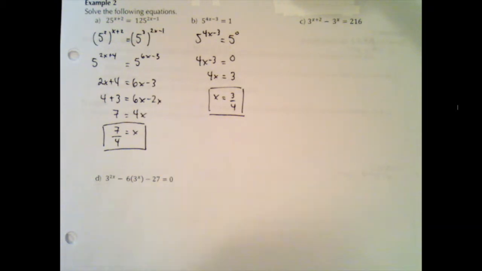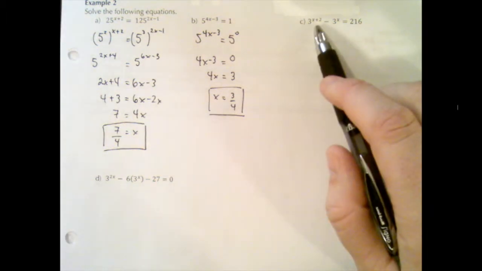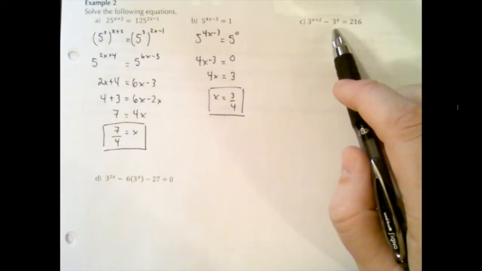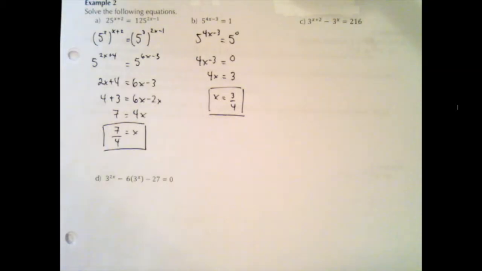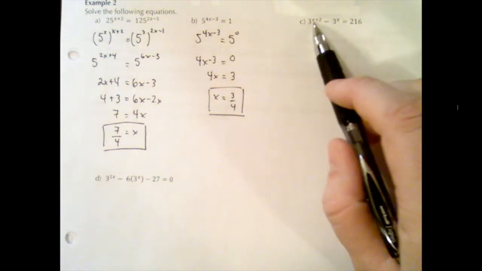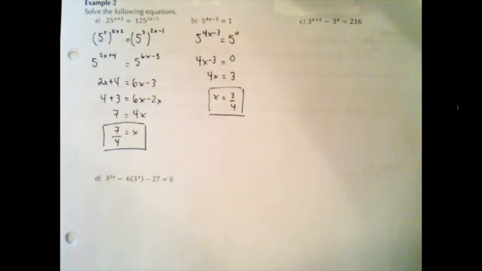Why common factoring? Well, if we look at the first two terms on the left side here, 3 to the exponent x plus 2 and 3 to the exponent x, they do have 3 to the exponent x in common. How do they have 3 to the exponent x in common? Well, if we look at the first term, 3 to the exponent x plus 2, we can rewrite that using exponent rules in reverse.